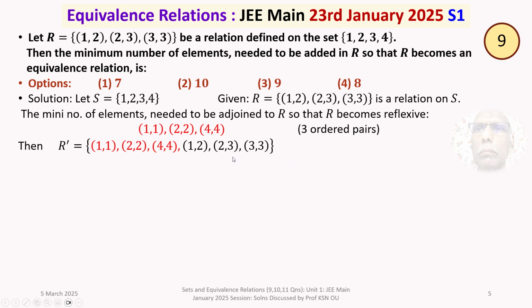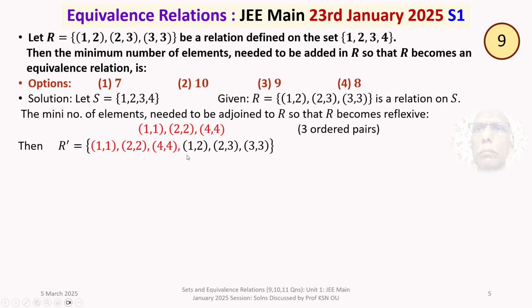Now the question is, is it an equivalence relation? No. Why? Because the symmetric property is not satisfied. You need not check the symmetric property for the ordered pairs (a, a), it is already there. So (1, 2) belongs to R prime, but (2, 1) is not there in R prime, because the symmetric nature is not there. (2, 3) is there in R prime, but (3, 2) is not there.